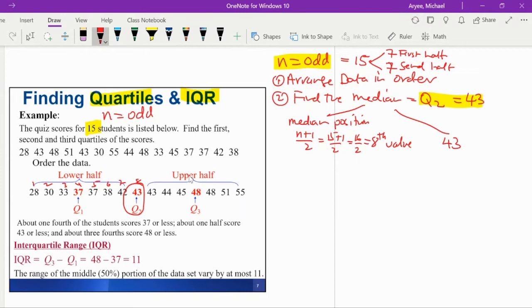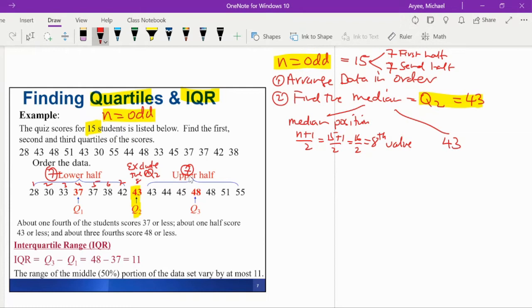So when you have an odd number of values, you're going to exclude the median, exclude Q2 from your data, so that you have an equal number of data points on the left and an equal number of data points on the right. So this should be excluded. If you exclude this, then you're going to get what? 7 data points here and 7 data points over there.